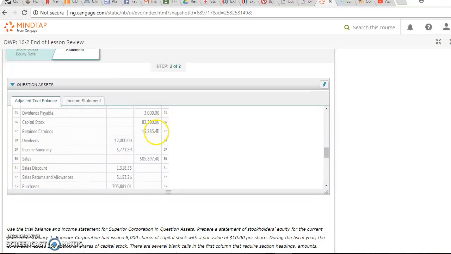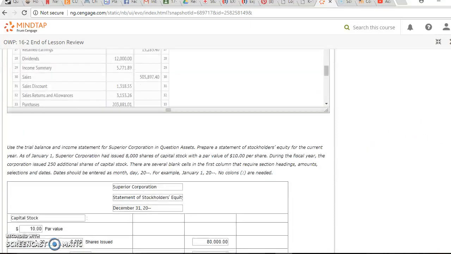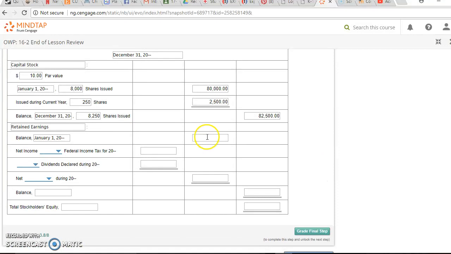Okay, so this is 15,283.40. Net income, we'll have to do after federal income tax.